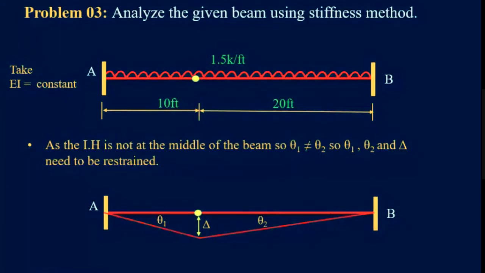Okay, now let's have a look at problem number 3 on the stiffness method. What we have in this problem is a 1 kip per foot uniformly distributed load over this entire span.